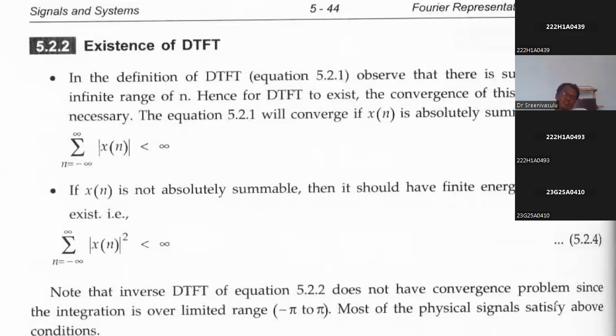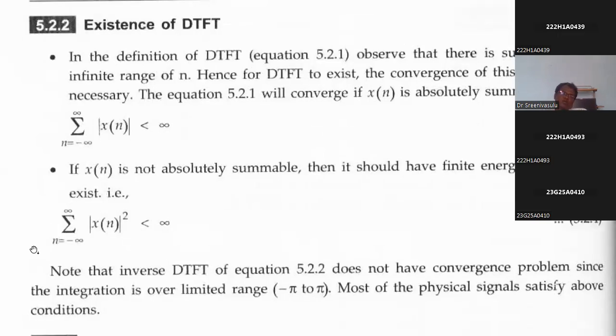One more condition is the summation of n equal to minus infinity to infinity of the magnitude of x of n whole square being less than infinity. What is this magnitude of x of n whole square? It is nothing but the energy of the signal. So we can check whether the summation of the magnitude of x of n is less than infinity.